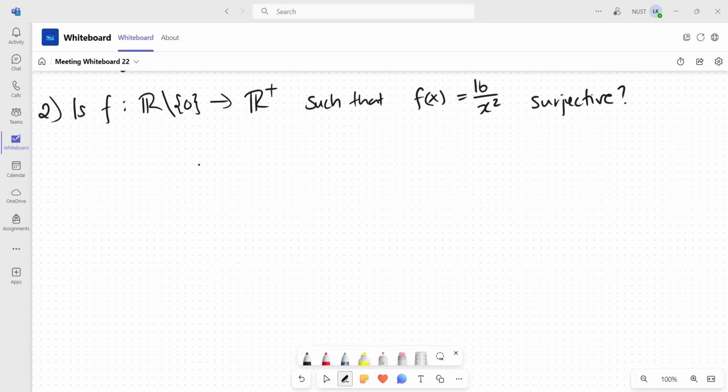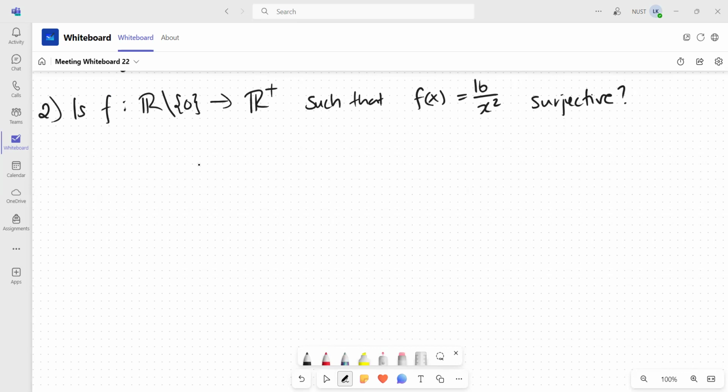So is this function here surjective? So we have our domain, we have our range, positive real numbers. We need to check, is the range of this function here the set of positive real numbers? If it is, then our function is surjective.